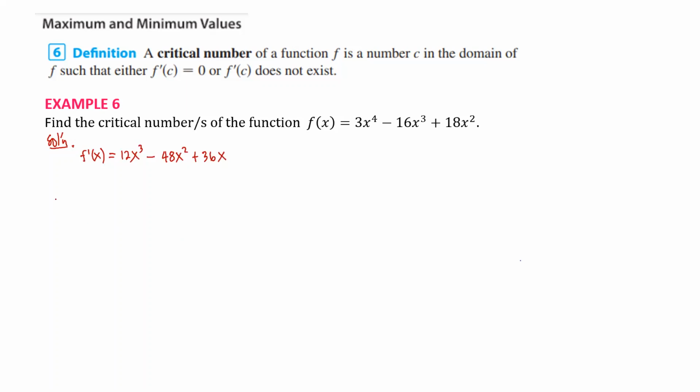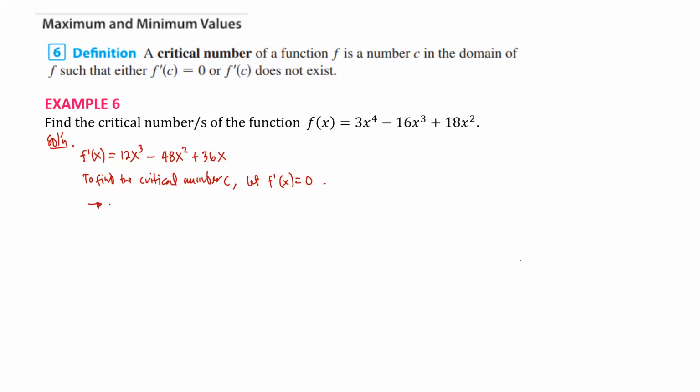Now, it says that you have a critical number at c when the derivative is equal to 0. So to find the critical number c, we equate the derivative, so let f prime of x be equal to 0.